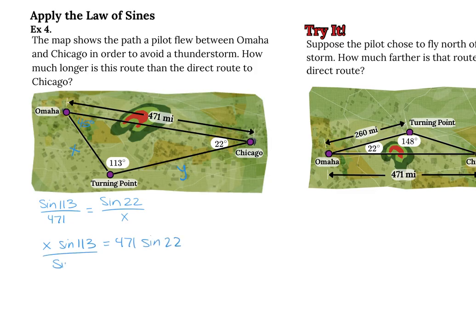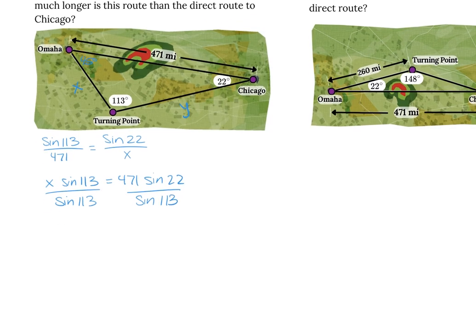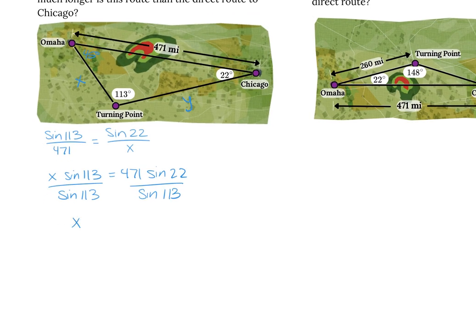Divide by sine 113. So X will end up equaling 191.7 miles.